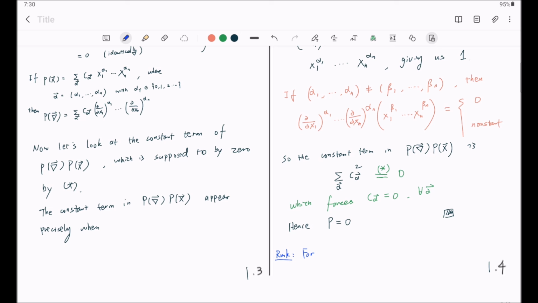For complex polynomials, we can get the same result, by replacing in the proof P of nabla with its complex conjugate.